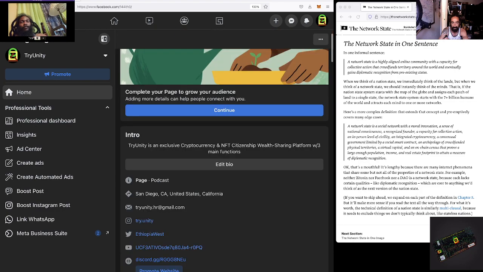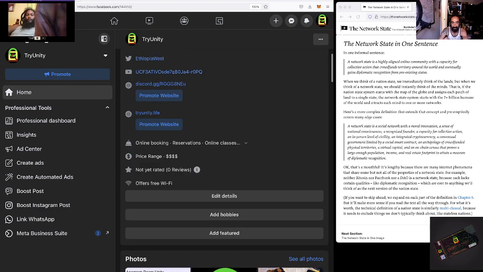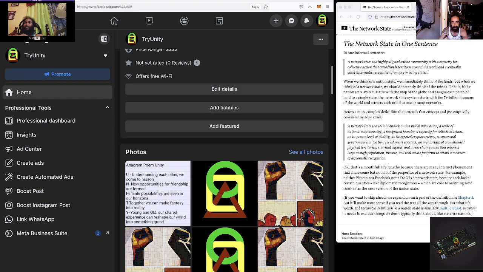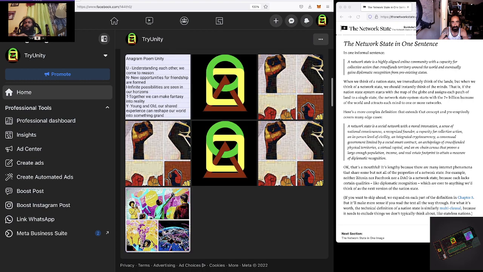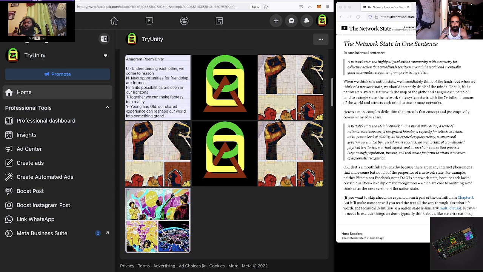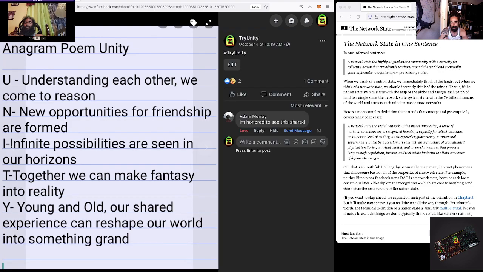Unity. U, for understanding each other, we come to reason. N, for new opportunities for friendship are formed.